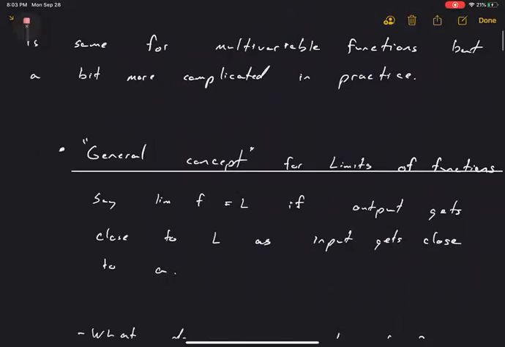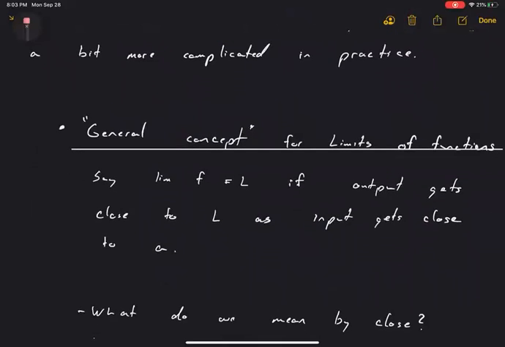So let's recall the general concept for limits of functions real quick. I think we covered this in chapter 13 a little bit as well, but it doesn't hurt to go over it again. Let's assume we have some function f, and let's not be too specific about it.